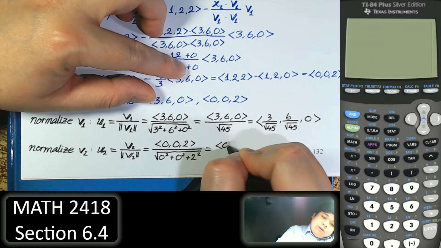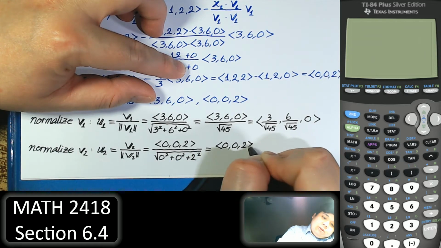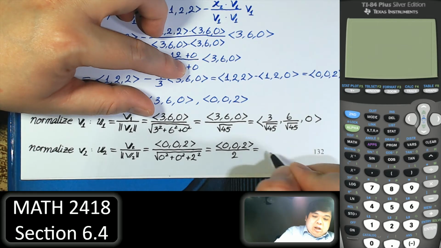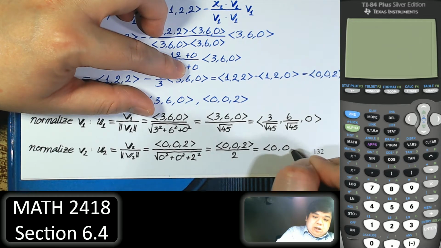The magnitude of 0, 0, 2 is the square root of 4, which is 2. So that gives us 0, 0, and 1.